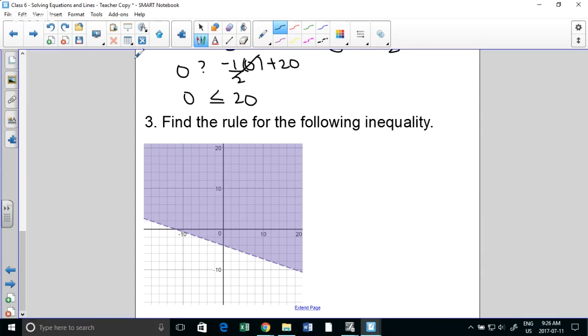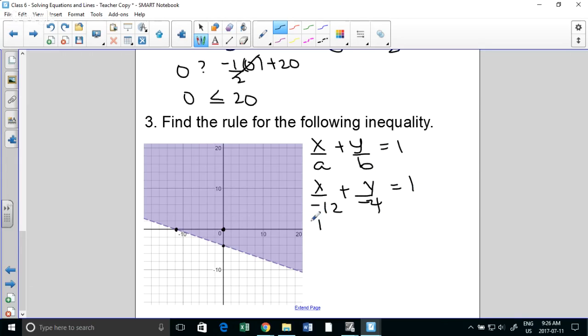Okay, here I have nice intercepts. X over A plus Y over B is equal to 1. This is negative 12. This is negative 4.